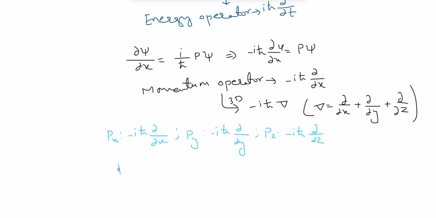So the total momentum p is nothing but under root px square plus py square plus pz square. When we calculate this, we can get the momentum of the system.